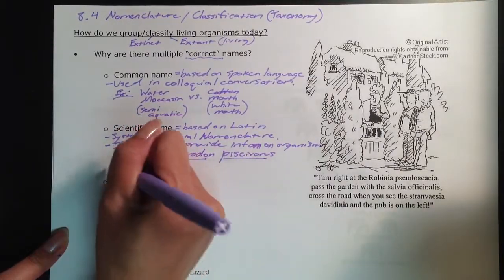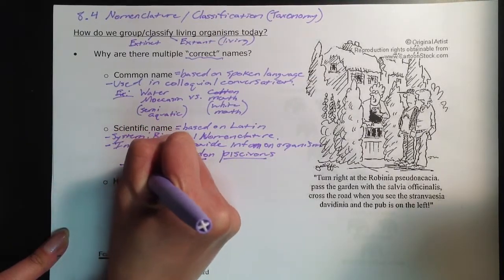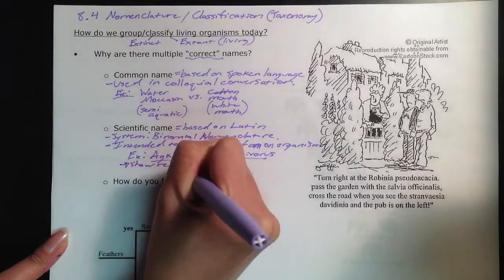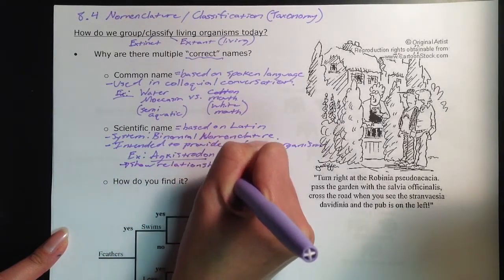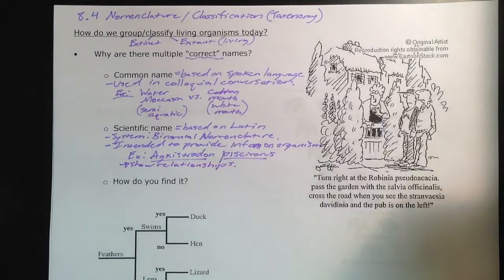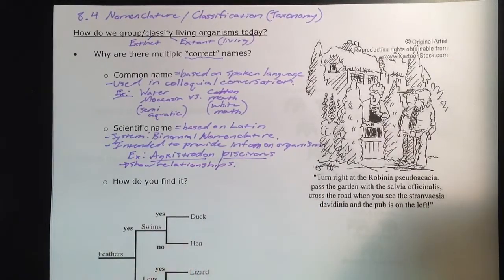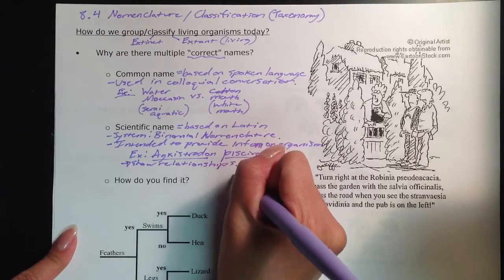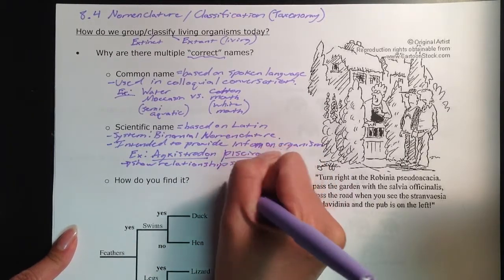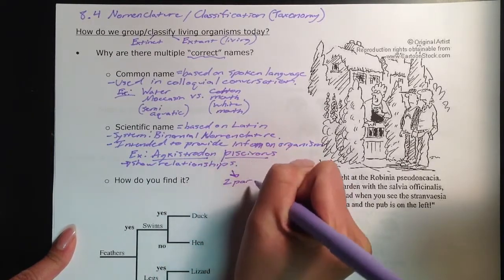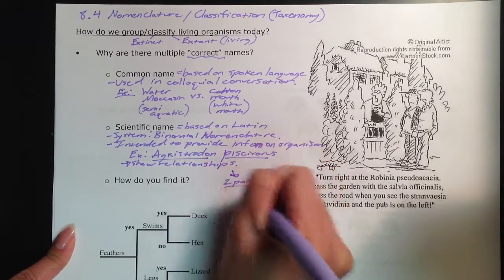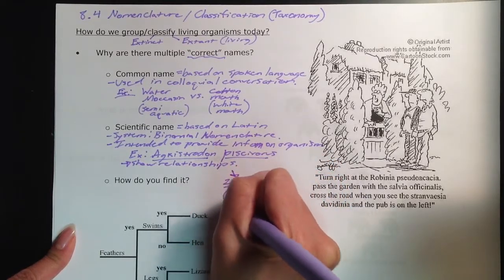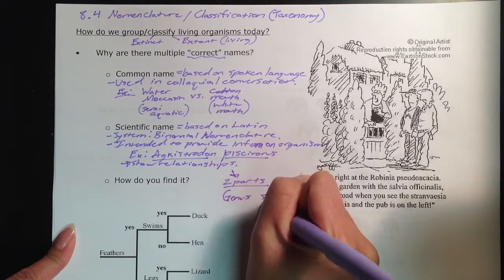These scientific names will also show relationships, so relating it back to our section on phylogeny. The scientific name is going to be broken into two parts. Binomial nomenclature, two parts. The two parts are going to be known as the genus and the species.